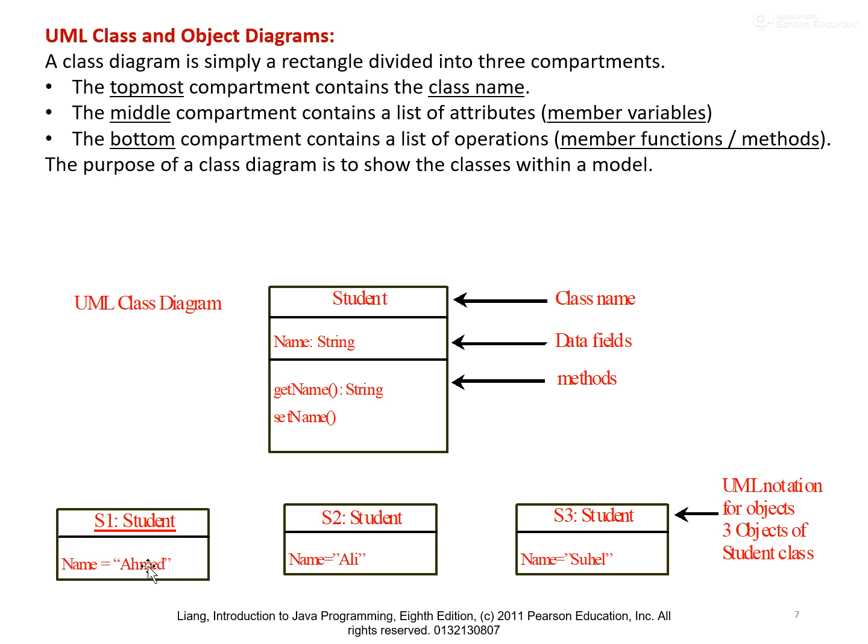And in the second box, we specify the value that all the variables of this class have. Class student has a variable name of type string. So this object S1 is one in which the value of its member variable name is Ahmed. In object S2, the value of the member variable name is Ali, and in the third one it is Sohail.